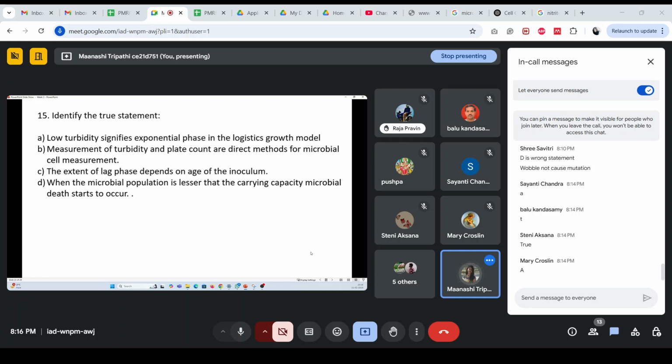Option C: the extent of lag phase depends on the age of inoculum. Option D: when the microbial population is lesser than the carrying capacity, microbial death starts to occur. Take some time and answer this question. I need more responses.